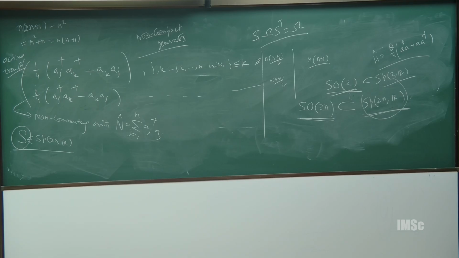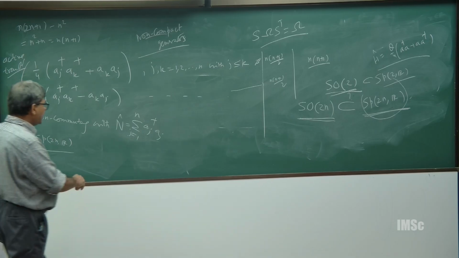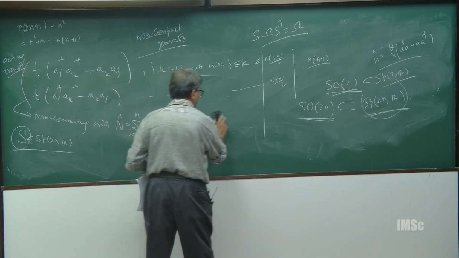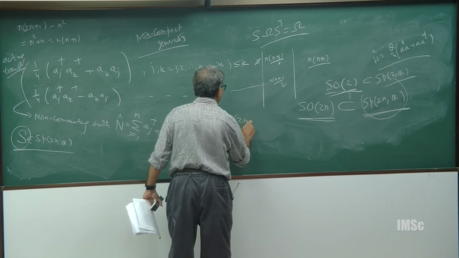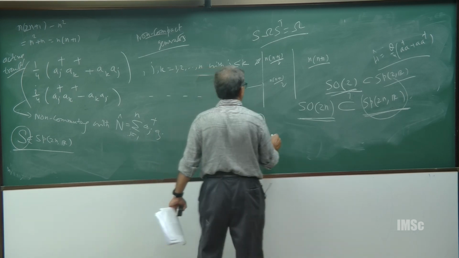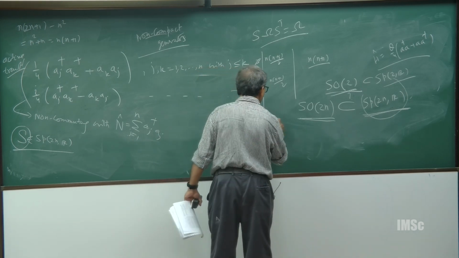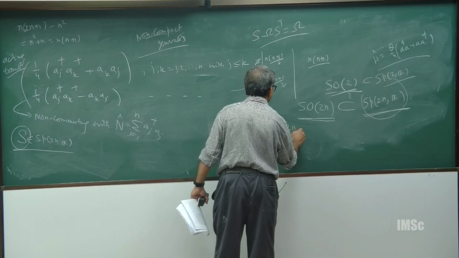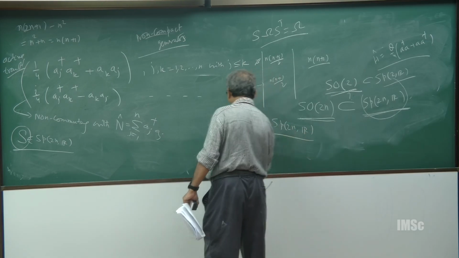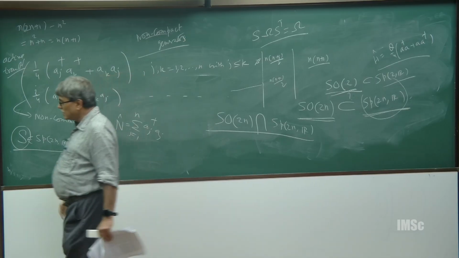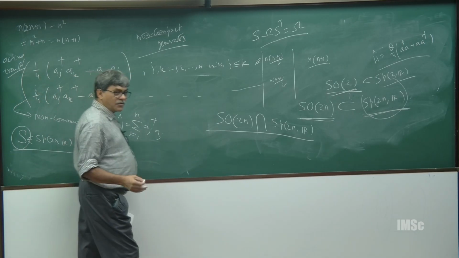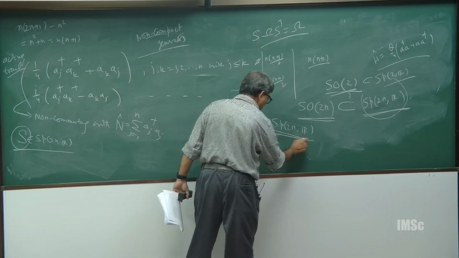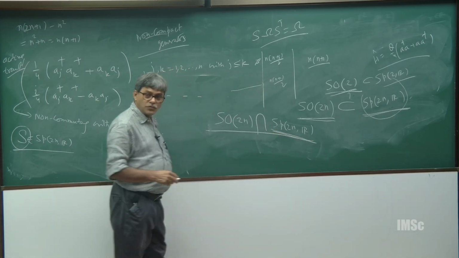So what we will consider for this case is this SO2n and then the intersection with sp2nr. Basically we are looking at the elements of this sp2nr which are also rotations.